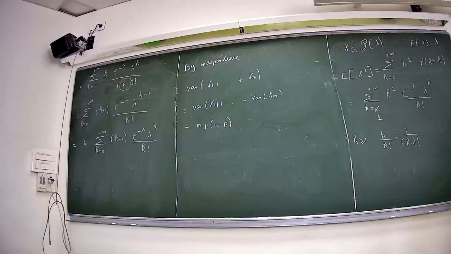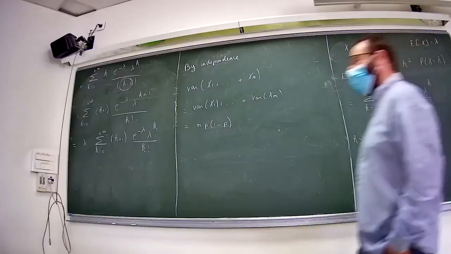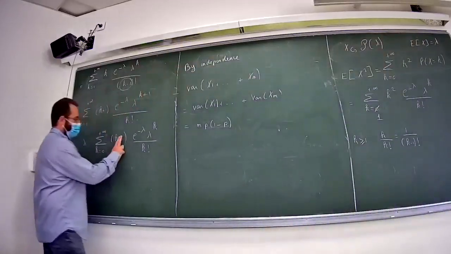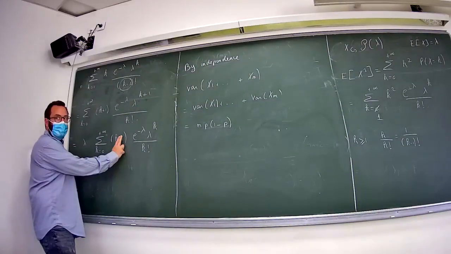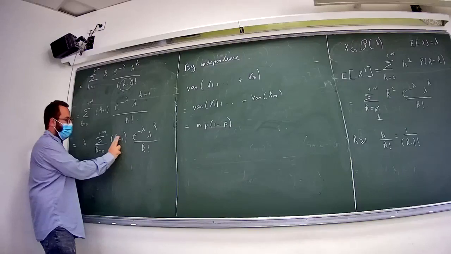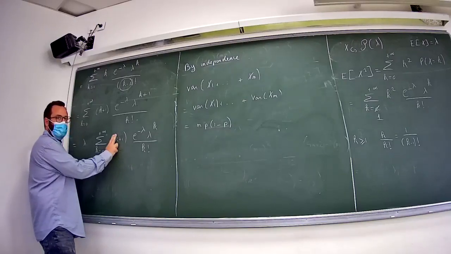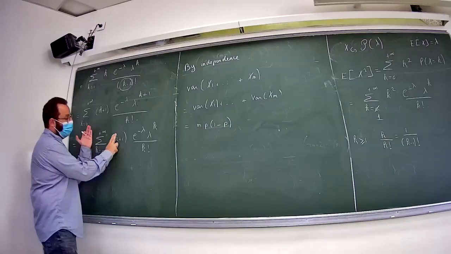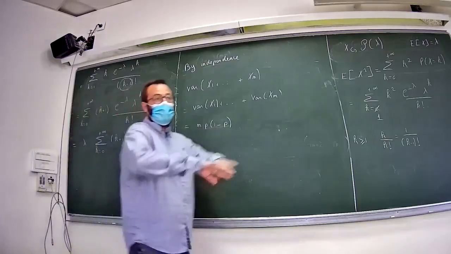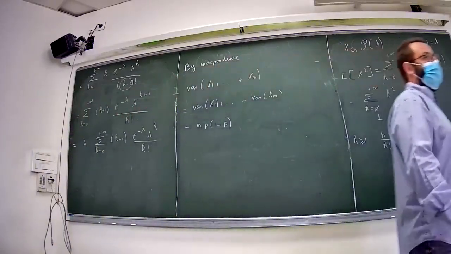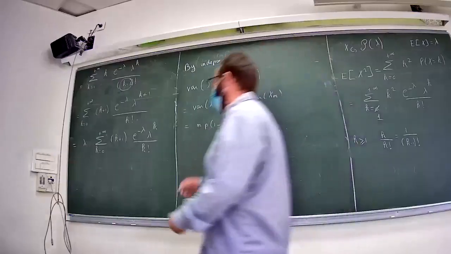Now, what can I do? I know that if I have this one, I am able to compute, because it's the expectation. So I split this sum in two parts.